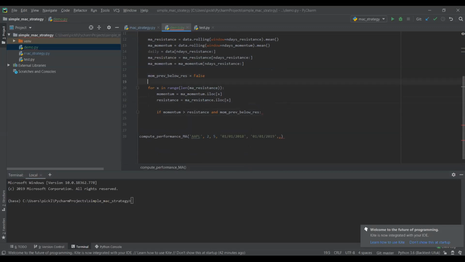Oh yeah, we're also going to want to have a value called position size. So we're going to keep track of how many stocks we buy because we don't want overexposure.